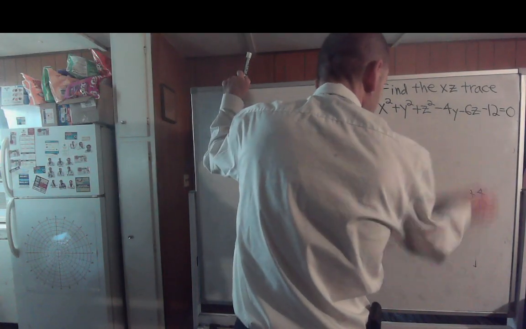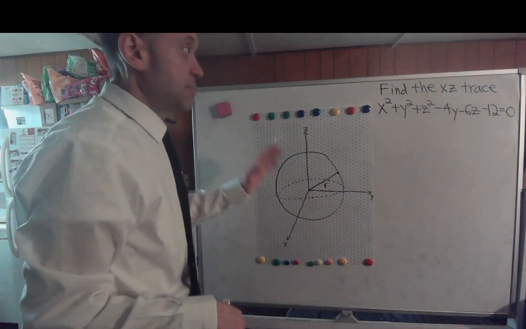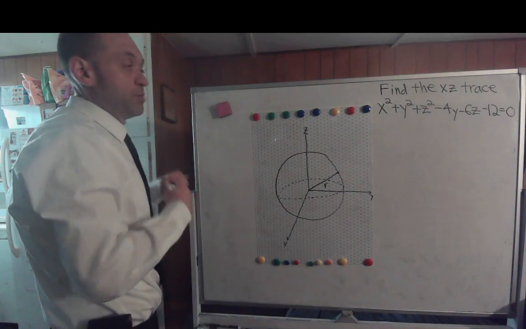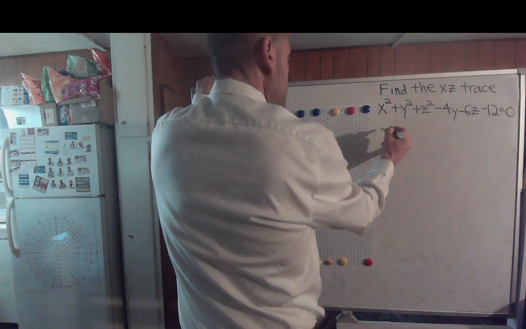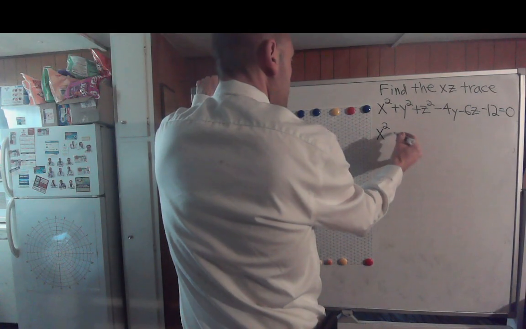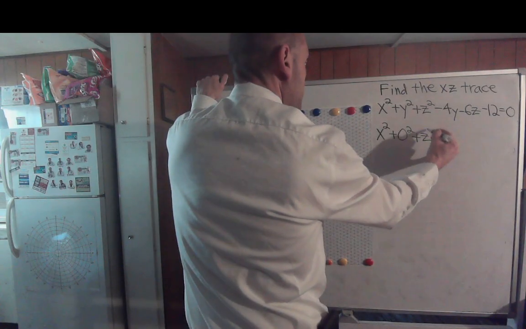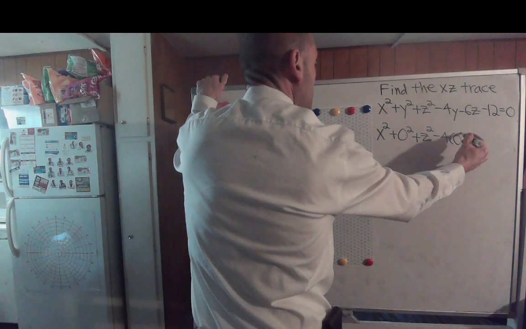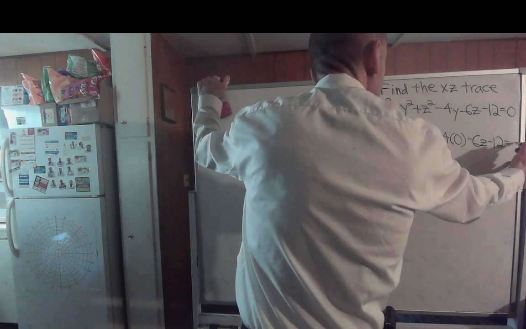So finding the xz trace means we're taking this circle, mapping it to the xz plane, which means we need to make y equal to 0 because we need to eliminate y to get that xz trace. So this will turn into x squared plus 0 squared plus z squared minus 4 times 0 minus 6z minus 12 equals 0.